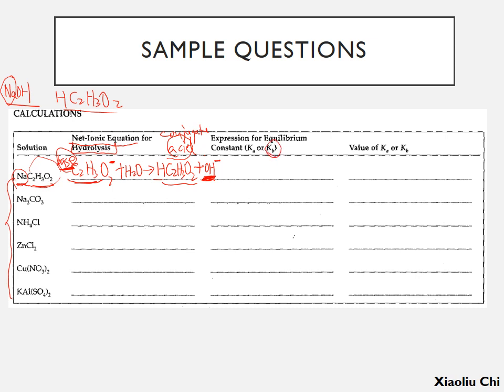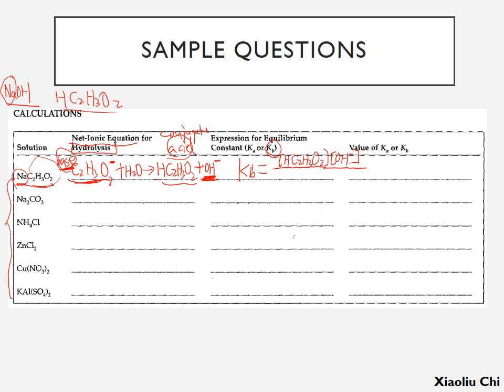Kb is the base equilibrium constant. In this reaction, this is a base. Okay, it gives you hydroxide. So Kb. All right, so Kb is the equilibrium of products divided by reactants. So the products are the weak acid HC2H3O2 times the hydroxide anion.